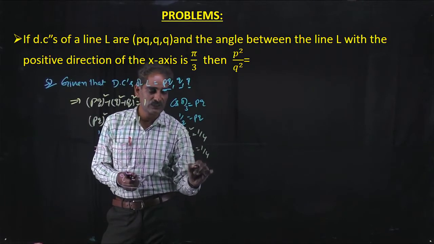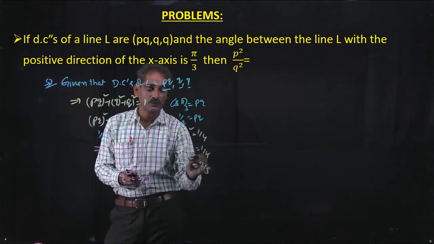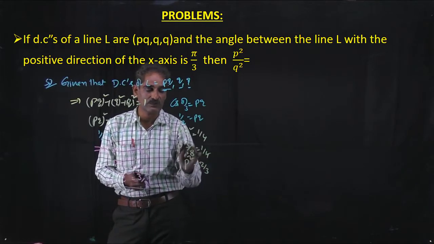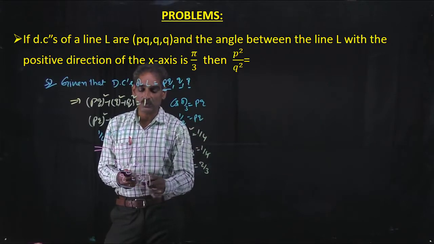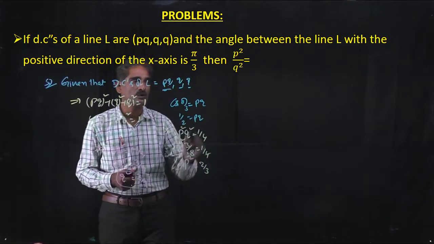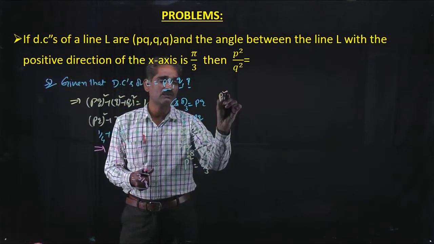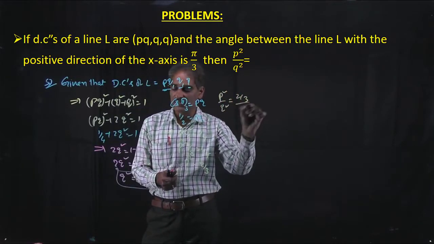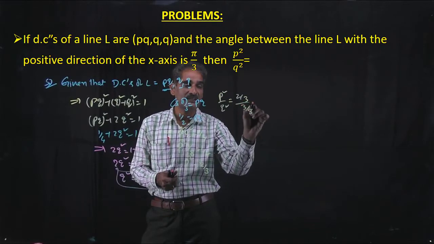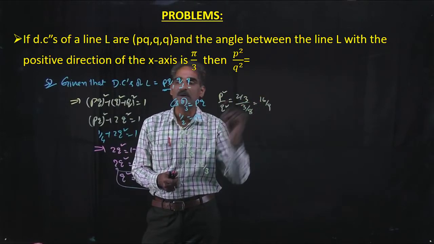So p square is equal to 2 by 3. Therefore, we have to find p square by q square, that is 2 by 3 divided by 3 by 8, which is equal to 16 by 9.